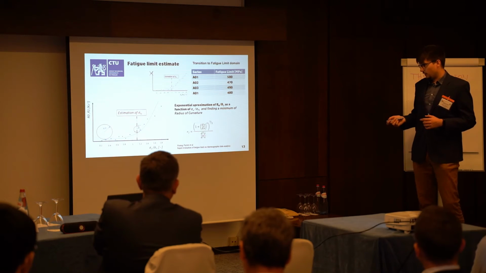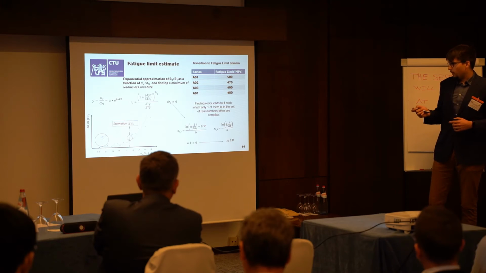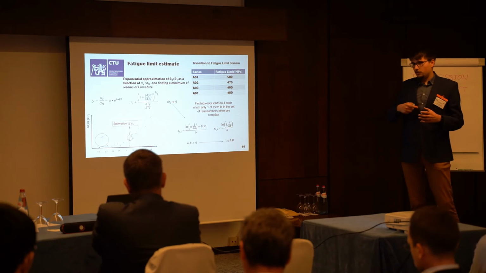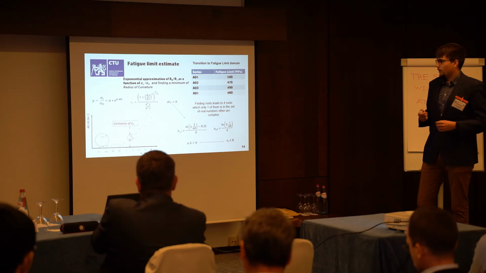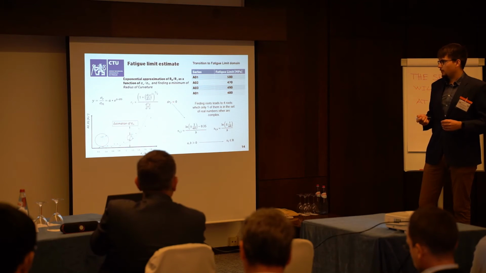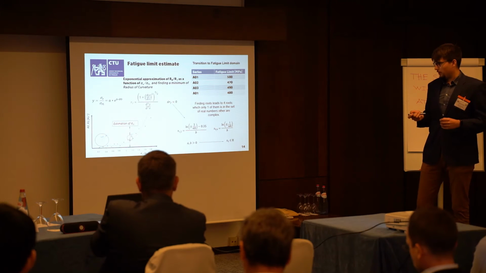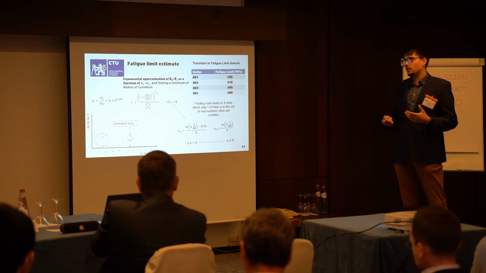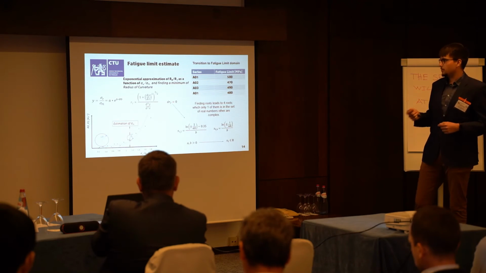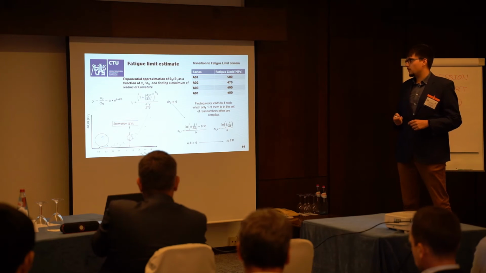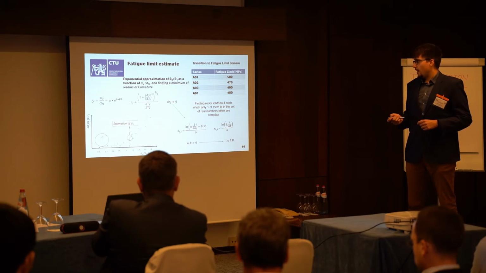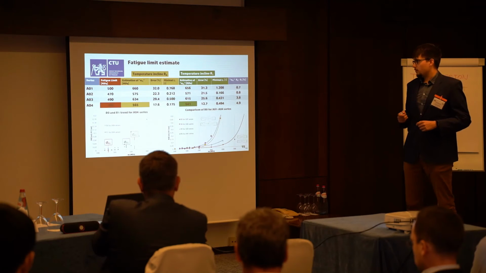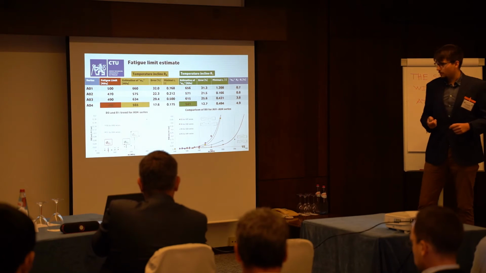By using this analytical expression, we approximated the evolution of the incline with an exponential curve and found the roots of this, to find the maximal, or in this case minimal, radius of curvature. And this brings us to the results that we got.